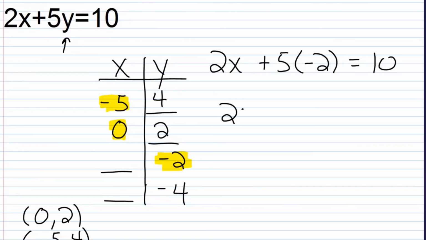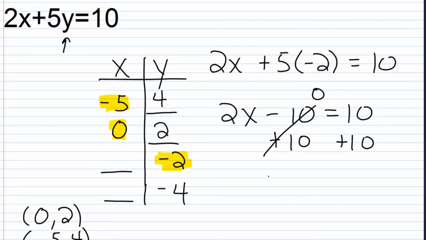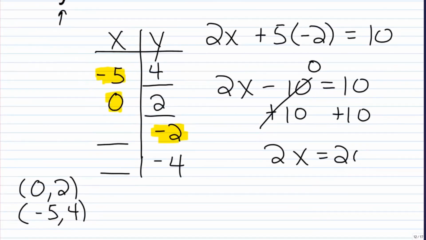You'd have 2x plus or minus 5 times -2 is -10, so minus 10 equals 10. Okay, so again, we just have a linear equation in one variable. We just solve for x. So add 10 to both sides of the equation. That's gone. You'll have 2x equals 20. Divide both sides of the equation by 2. And you'll have x equals 10. Okay, so this will be a 10 over here.